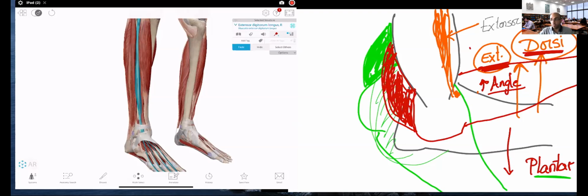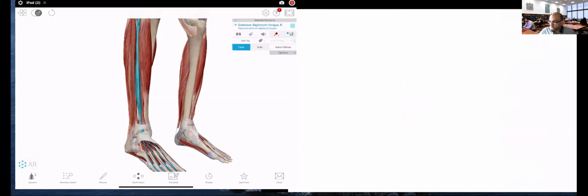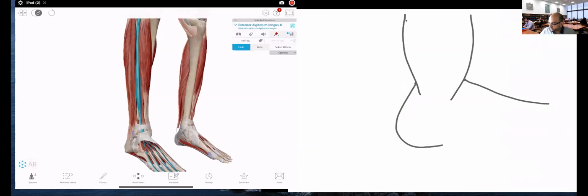Is this clear here? So again, let me draw this again. One more time. This is my leg like this. This is going to be my foot. Where is the angle of the ankle?